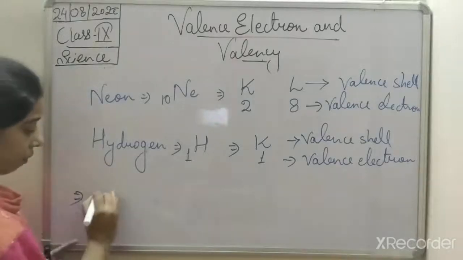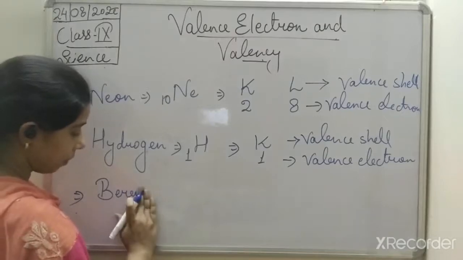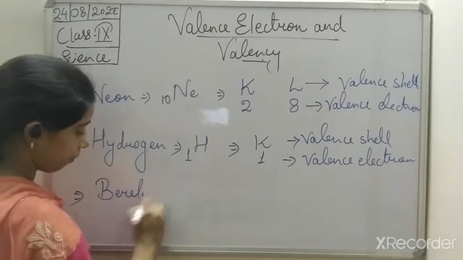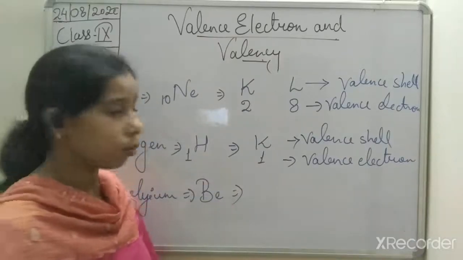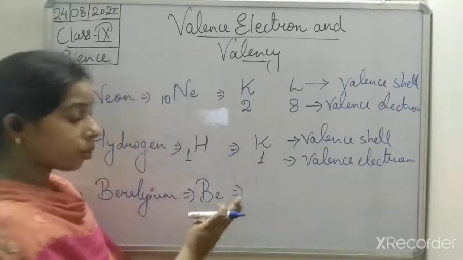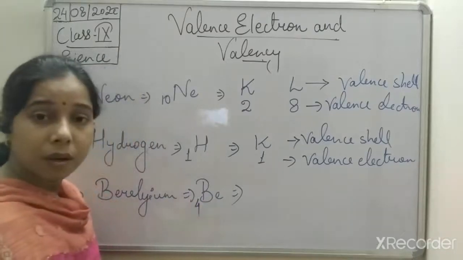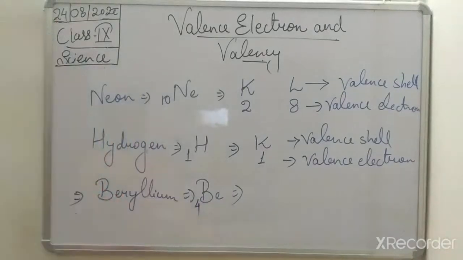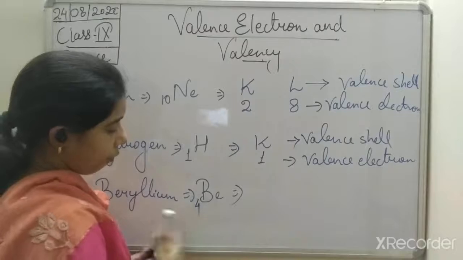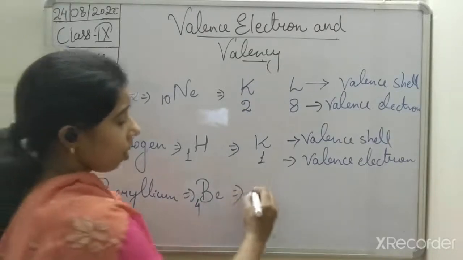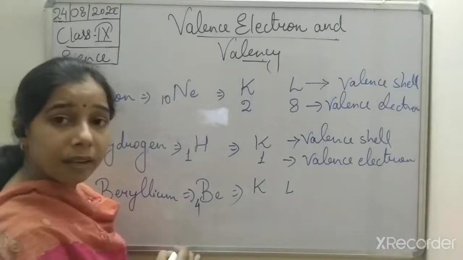You can take an example of beryllium. In the case of beryllium, students, you see hydrogen, helium, lithium, beryllium. So what is the atomic number of beryllium? That is 4. Okay, so if the atomic number is 4, students, how many electrons will enter the K shell?